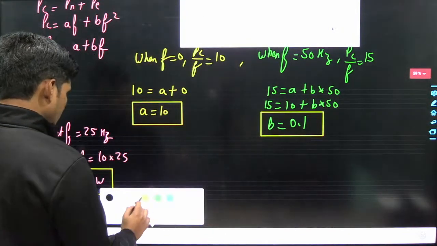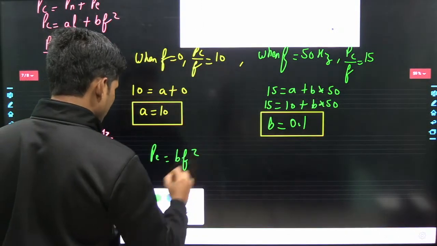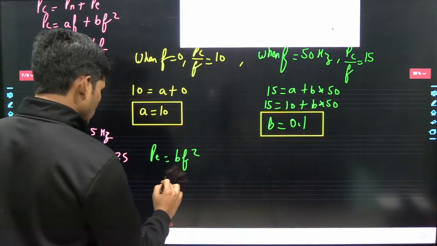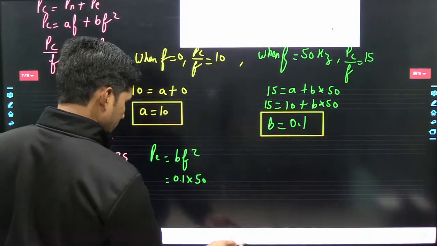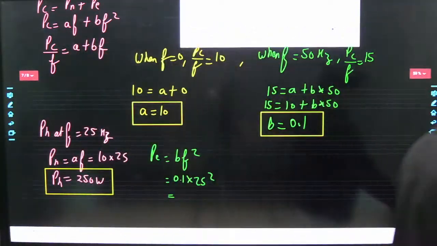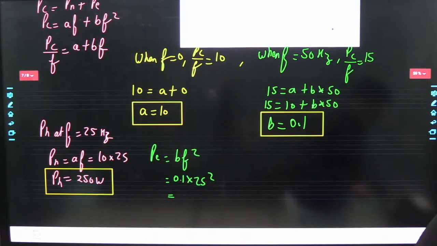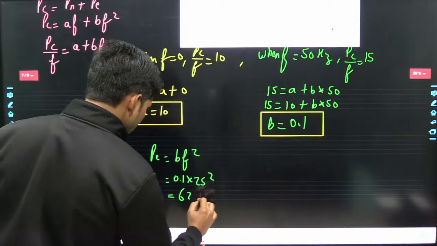Whereas eddy current loss, P equal to BF square, that is B 0.1 into 25 square, that's 62.5.